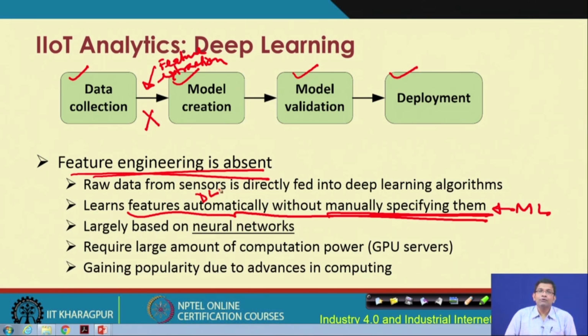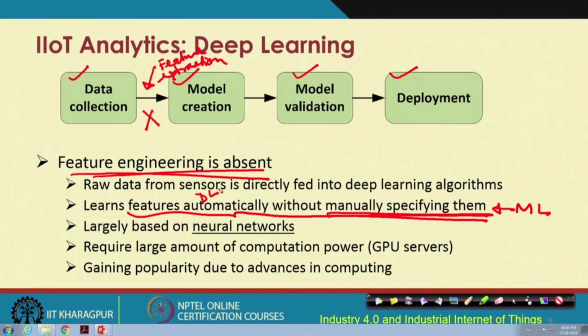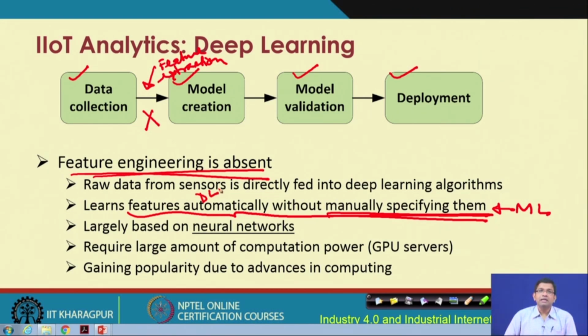So, deep learning algorithms will require GPU servers and the like. These deep learning methods are getting very popular due to the fact that nowadays we have cheap computing power, unlike in previous times, cheap and much more efficient advanced computing at a very reduced price, and that is where deep learning is getting very popular.